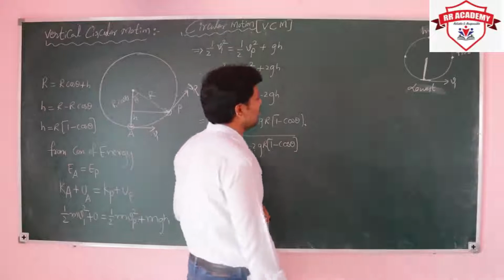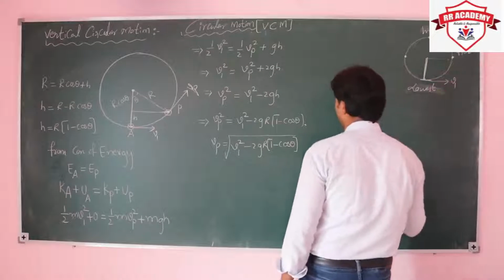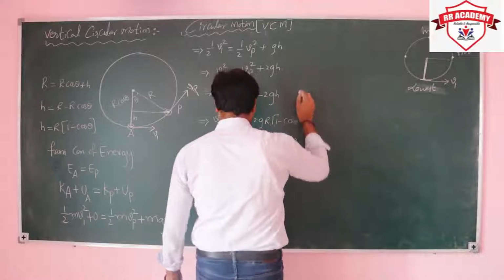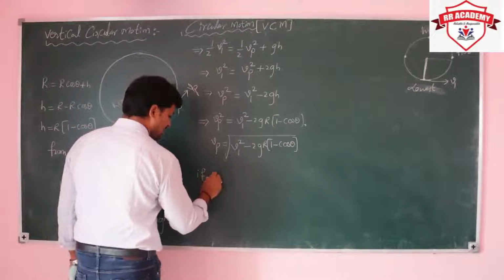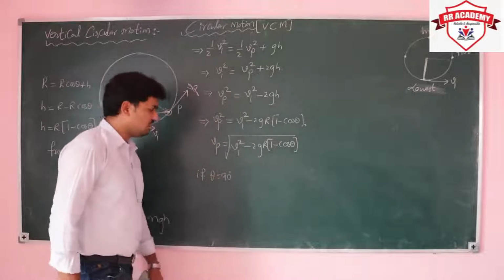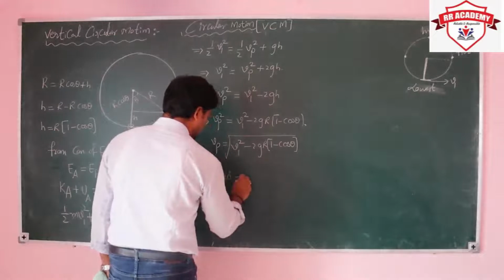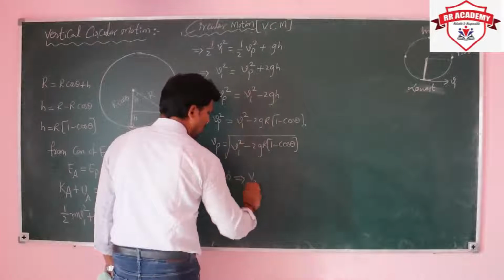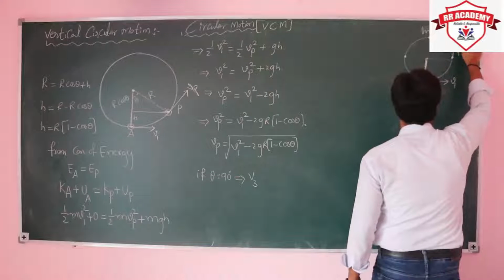Now take the velocity at a horizontal position. Horizontal position means what is the angle? Theta is equal to 90. If theta is 90, then the position goes to horizontal, and that velocity I am giving as v3.